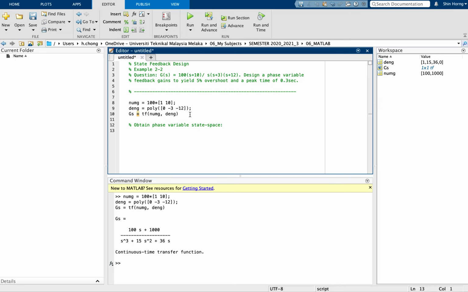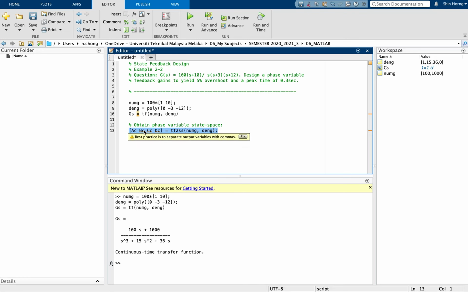Because it's not yet in state space, we use the command transfer function to state space. If we use this command, we will get the canonical form, so I use C to represent it. Here we write our transfer function numerator and denominator. Let's run this.